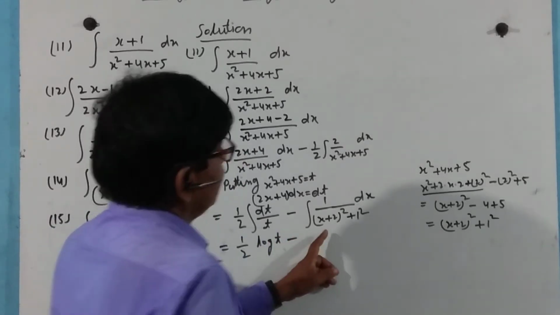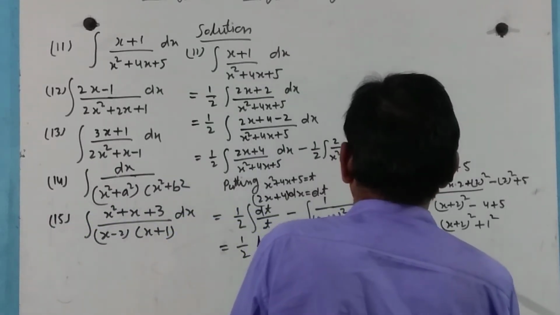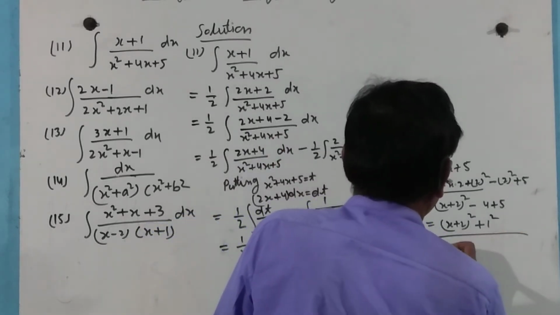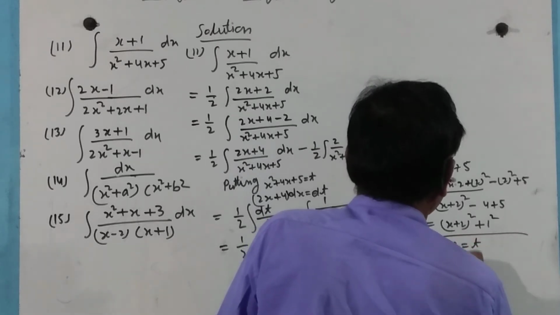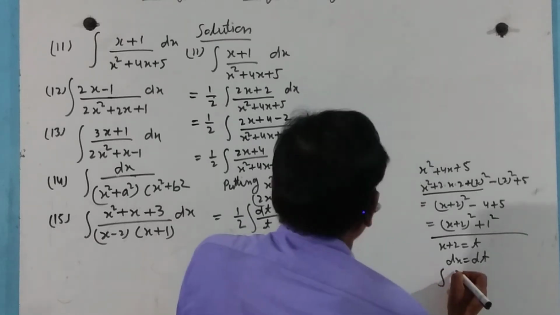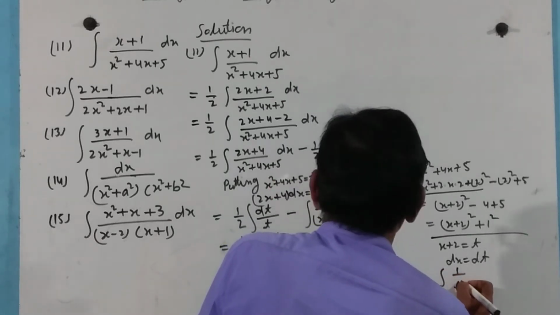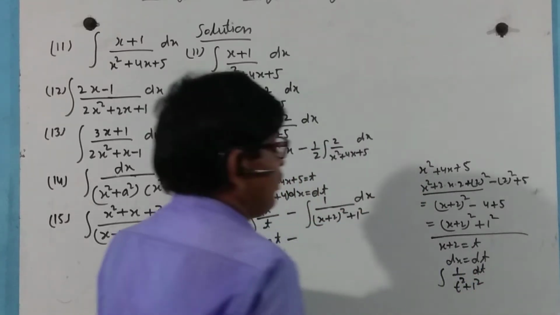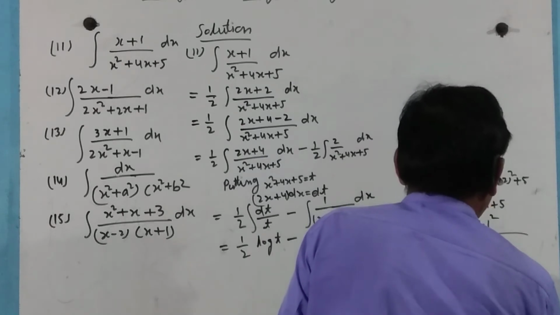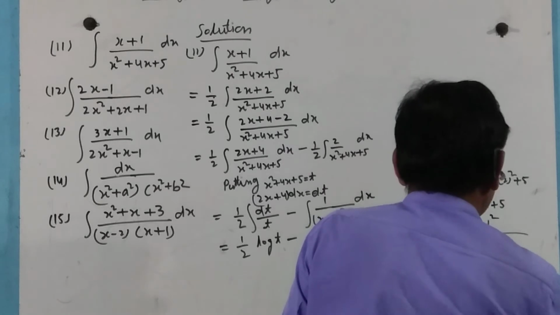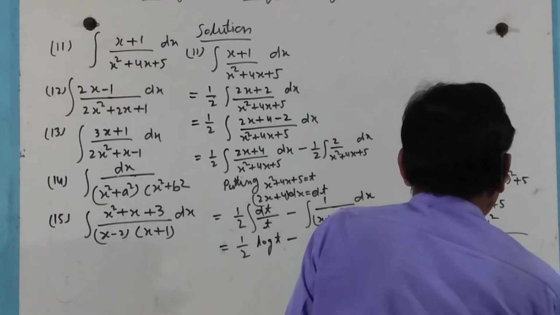And here, x plus 2 equal to t, dx equal to dt. In this case, integration of 1 by t square plus 1 square dt can be written as 1 by 1 tan inverse t by 1.